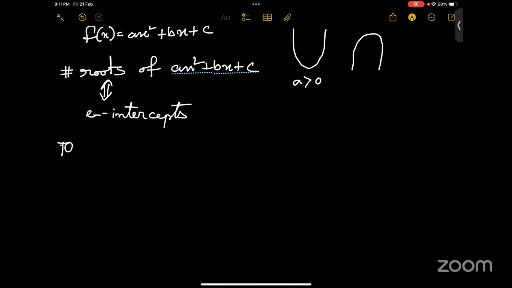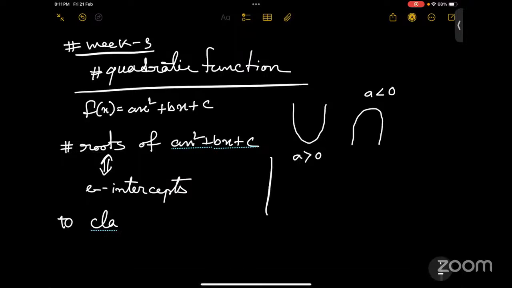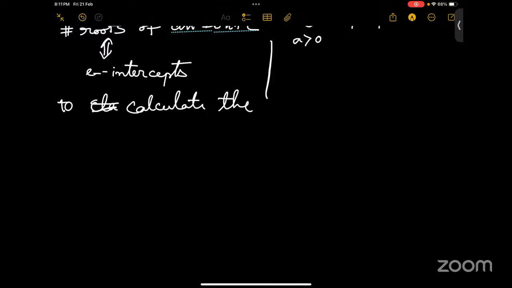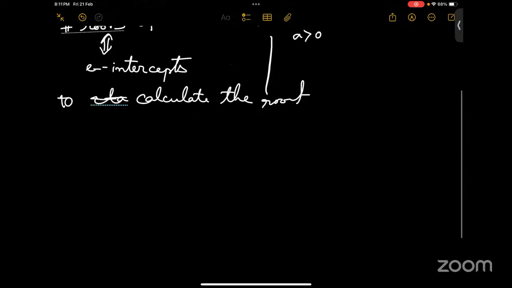So to calculate the root, basically we had 2, 3 methods. First, we can factorize it, right? Factorization method.